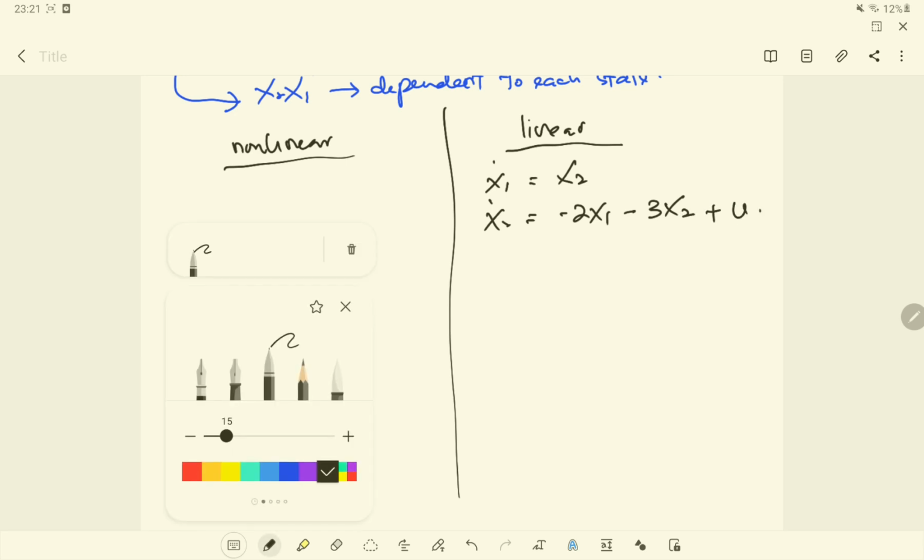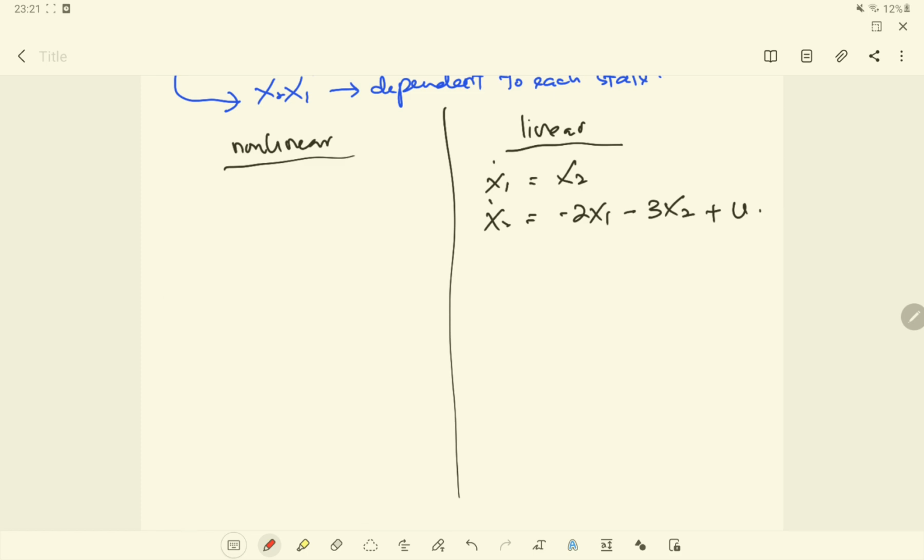What we can say here is that the higher order for the state, either x1 or x2, is 1. The higher order equals 1. So x1 is to the power of 1, x2 is to the power of 1. That's number 1.